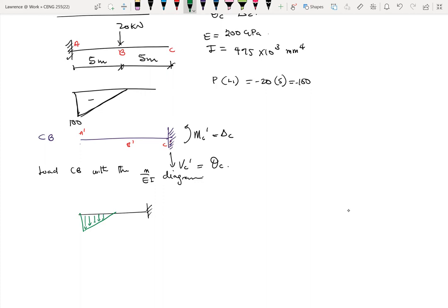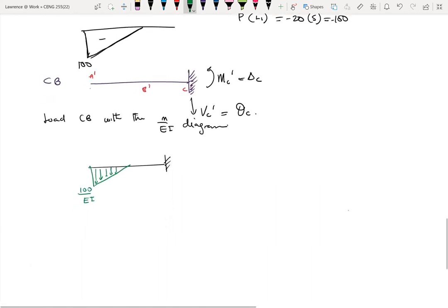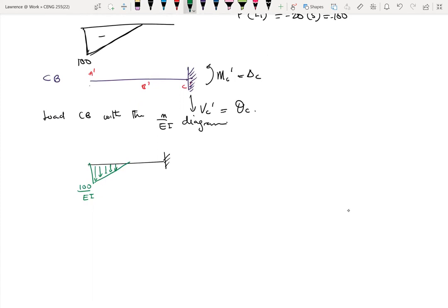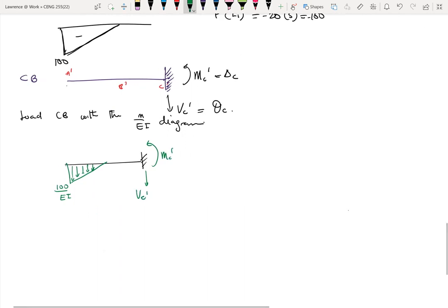So it's 100 over EI. Once I have this in place, I need to find these reactions, MC prime and VC prime. Let's start with VC prime.